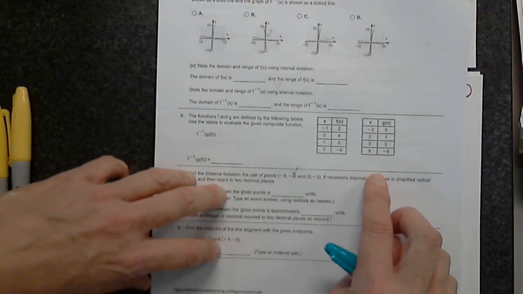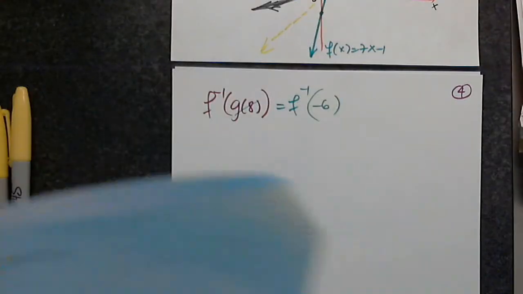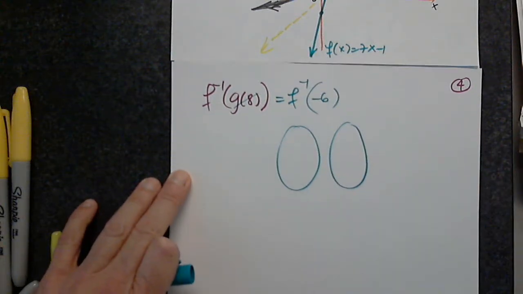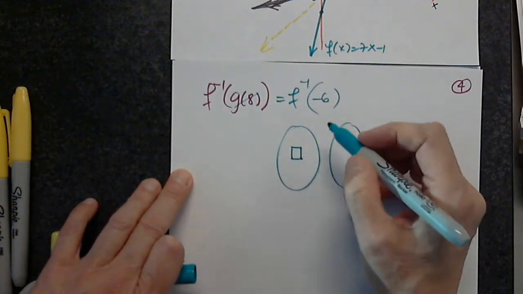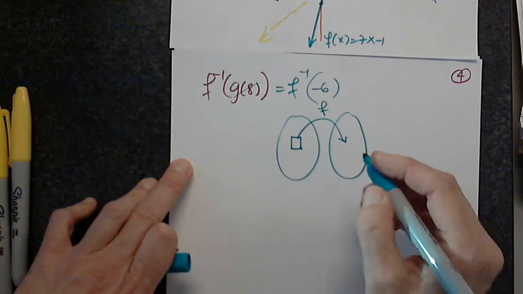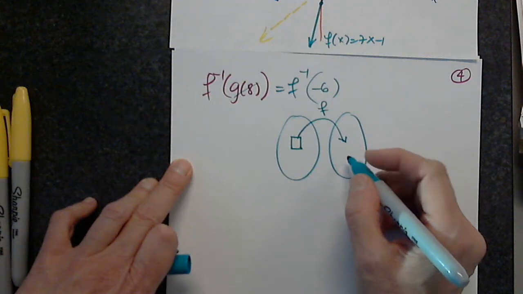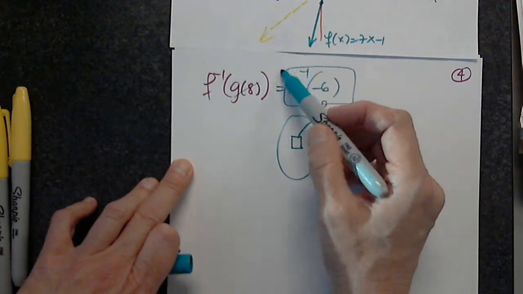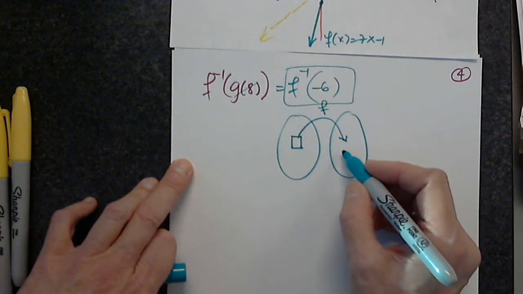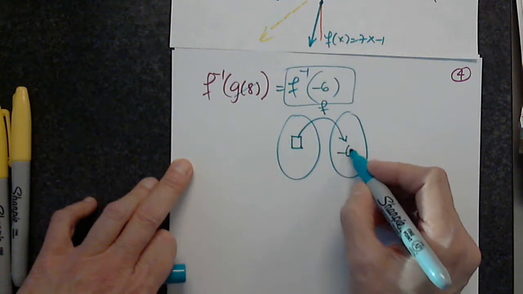So here's the question. Do I have a table for F inverse? No. So then I have to think in the following terms. There exists a number that we apply F to get what? According to what you see here. To get? What do you think? -6.